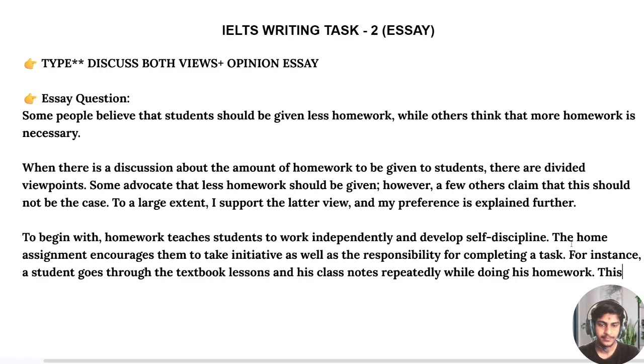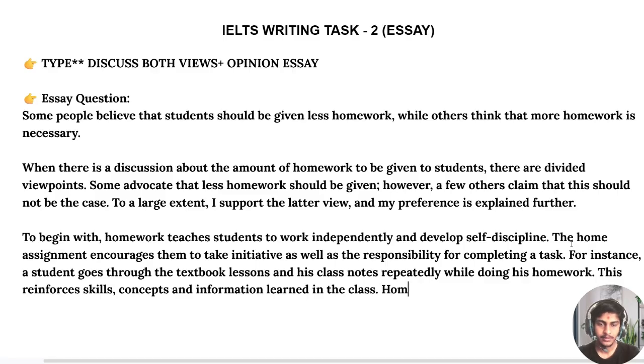So this reinforces skills and concepts and information learned in the class.